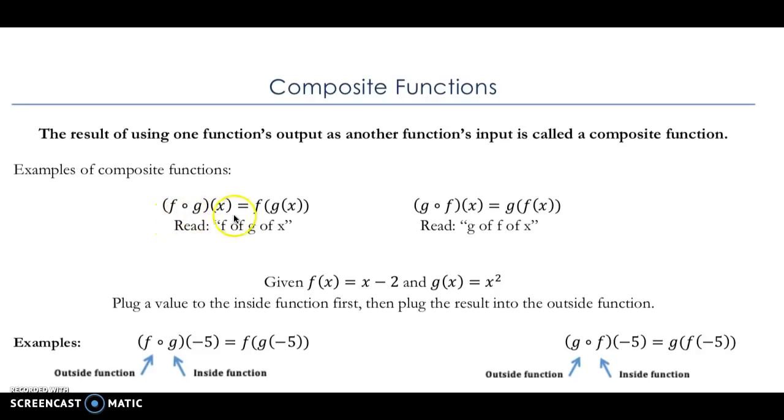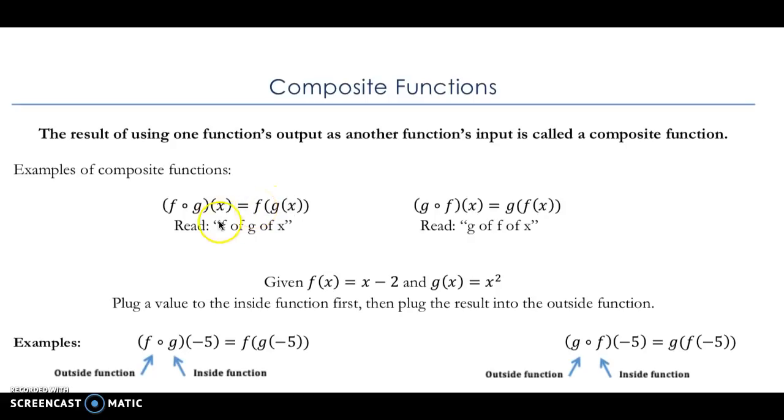So this first example right here says f, and it's kind of like a little circle, and g of x. The way that you read that is f of g of x. Another way that you could write that is with g of x on the inside and f on the outside.